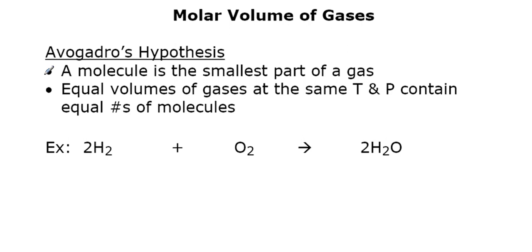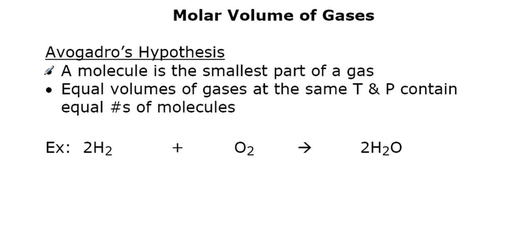You should remember Avogadro back when we learned about number of particles and counting moles and Avogadro's constant. So when he was looking at particles, he was also studying gases. So he recognized the molecule is the smallest part of a gas. So an oxygen molecule, hydrogen molecule, whatever that is.